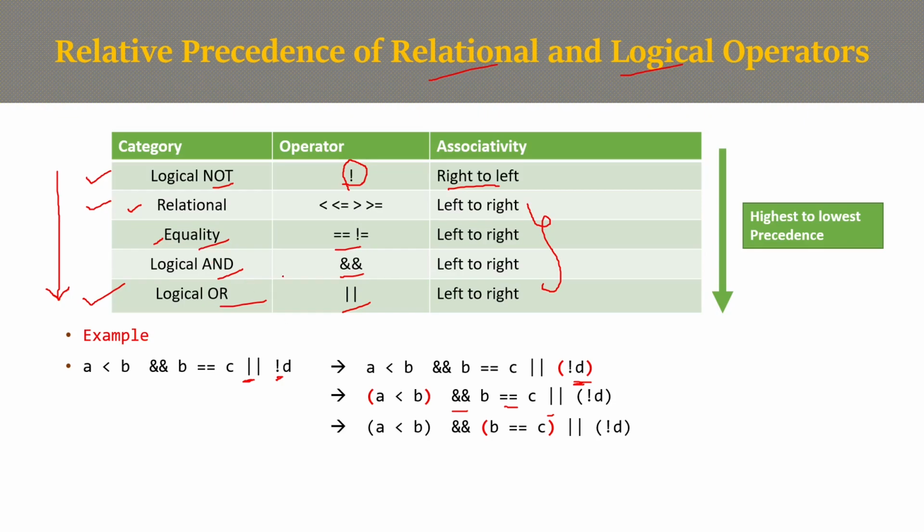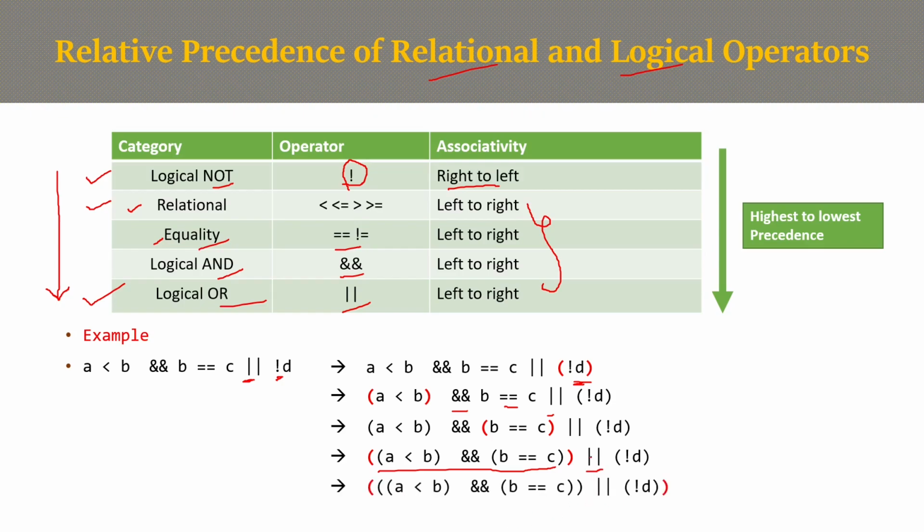But in the table, the logical AND has higher precedence over logical OR, so we will be doing the logical AND operation first. After this, we have only one operation remaining. That is the logical OR, and we will finish our evaluation by completing the logical OR operation. As you can see, I have used brackets here.